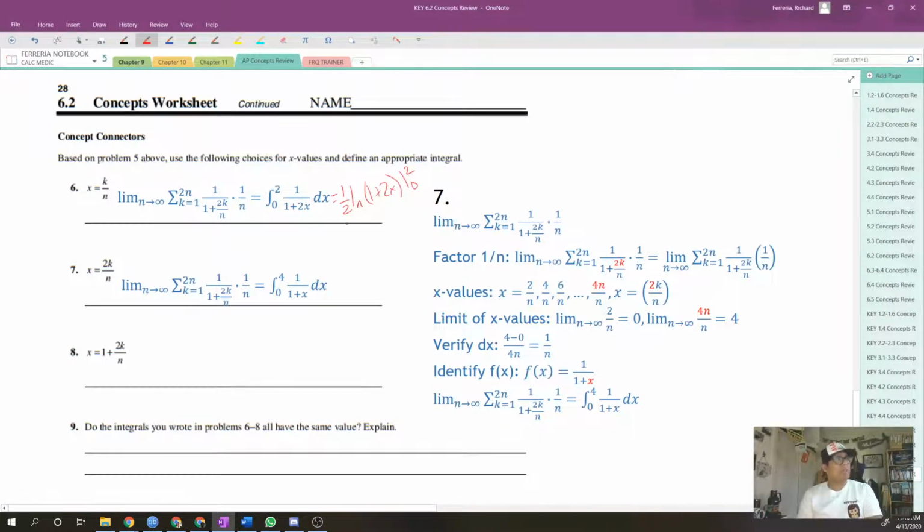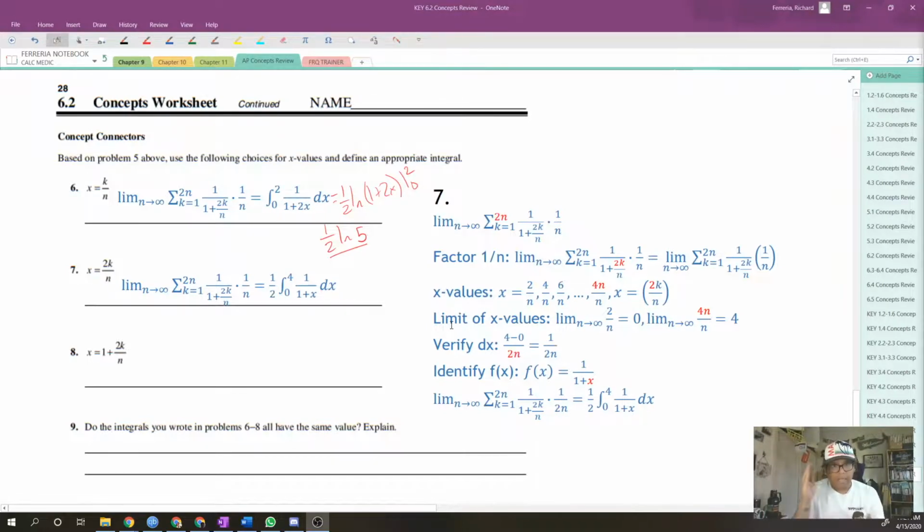And if we substitute our 2, we get 1/2 natural log of 5 minus 1/2 natural log of 1, which of course is 0. So 1/2 log 5. What happens if we take the natural log here?